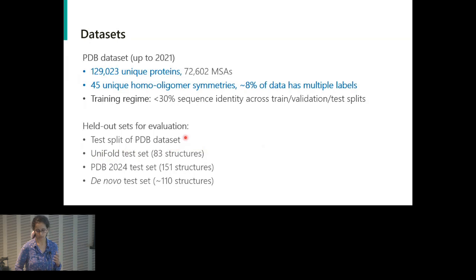This involves a test split from the PDB data set, a test set from the UniFold paper, a set of homo-oligomers that was released by PDB in 2024, which are novel structures and so challenging to predict on, and a set of designed proteins from the Baker lab, around 110 structures, which we call the de novo test set.